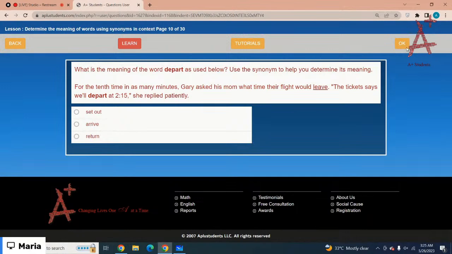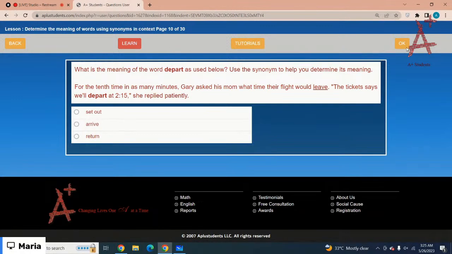What is the meaning of the word depart as used below? For the 10th time, in as many minutes, Gray asked his mom. Depart means set out, arrive, or return.